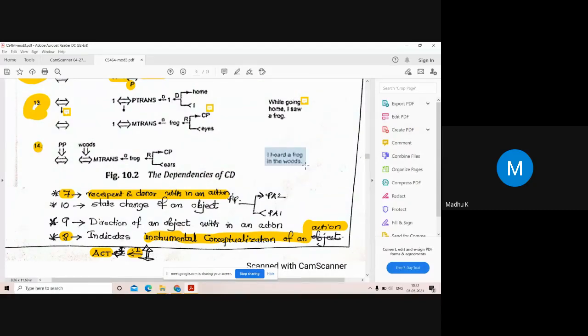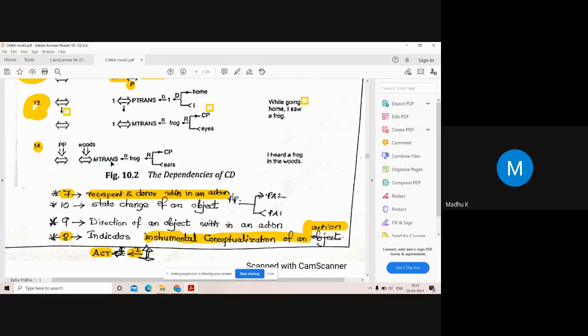I heard a frog in the woods. So this is also represented in this way. Through ears, I am hearing, and I am storing it in the brain. Then the sound of the frog is being heard.